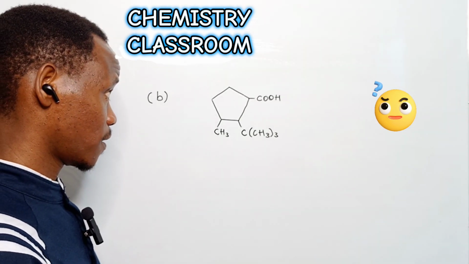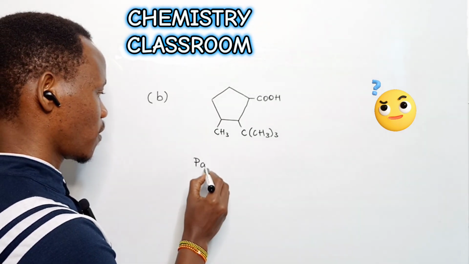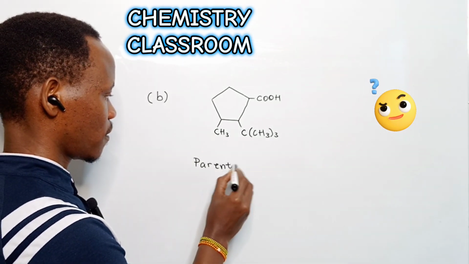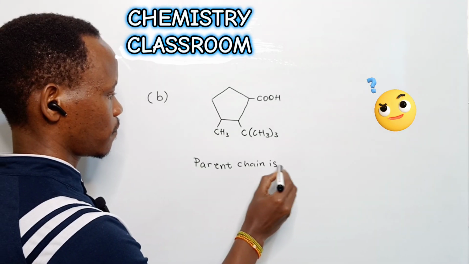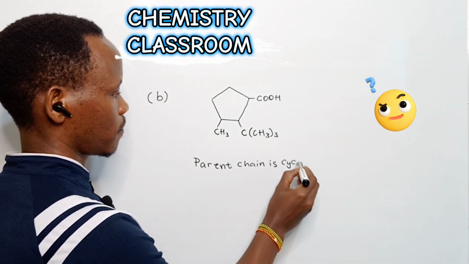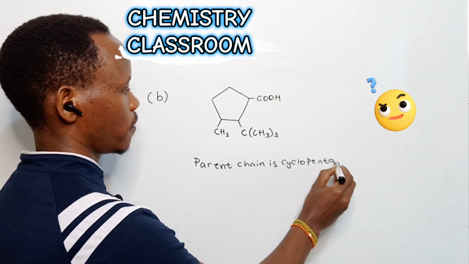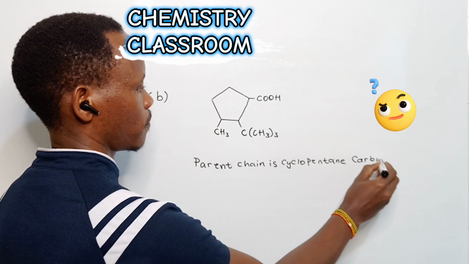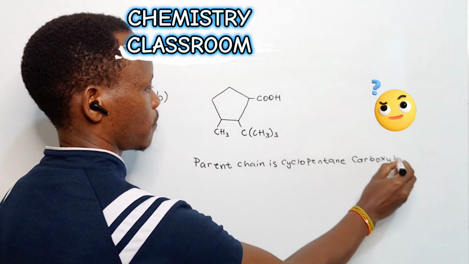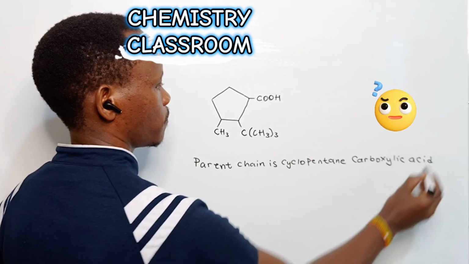And without wasting time, we can state without fear or favor that the parent chain is cyclopentane carboxylic acid.